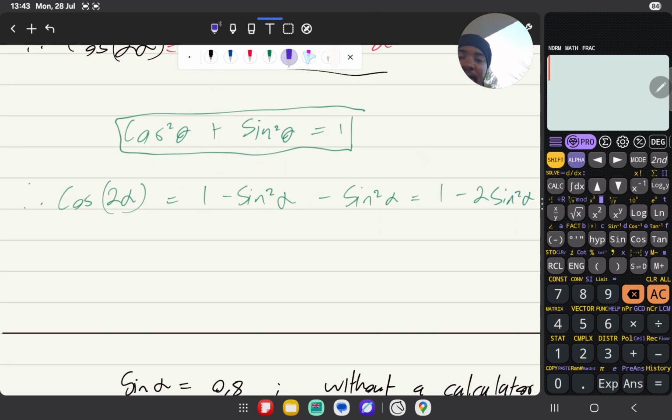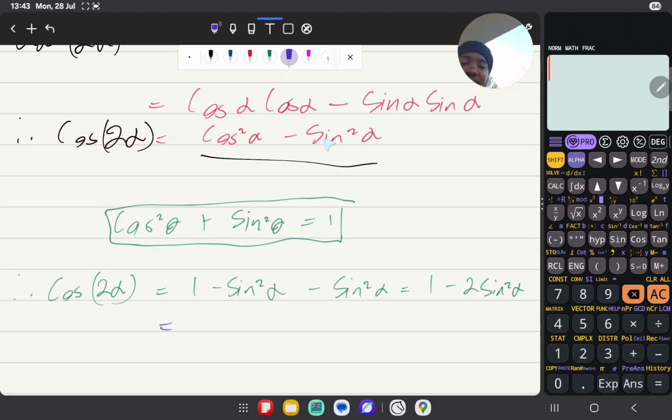I can change it and now write sine squared as the subject of the formula.